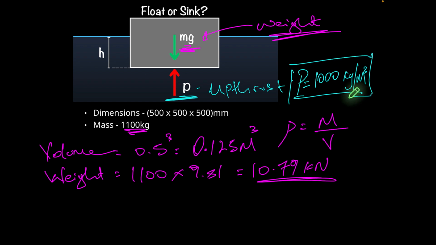What we're going to do then is to find the mass and the weight of the displaced water. And if we just go back to this formula that says density is equal to mass divided by volume, therefore we can rearrange this to get what mass is, which is density multiplied by volume.